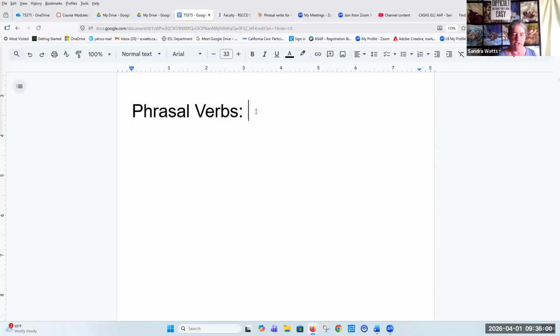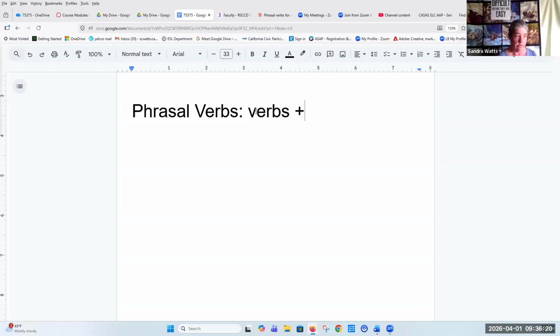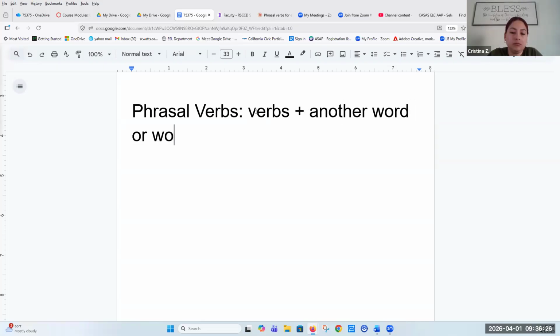So let me give you a definition first. There is also a page explaining this on Canvas, but I'm going to do it again here. Phrasal verbs are verbs plus another word or words.